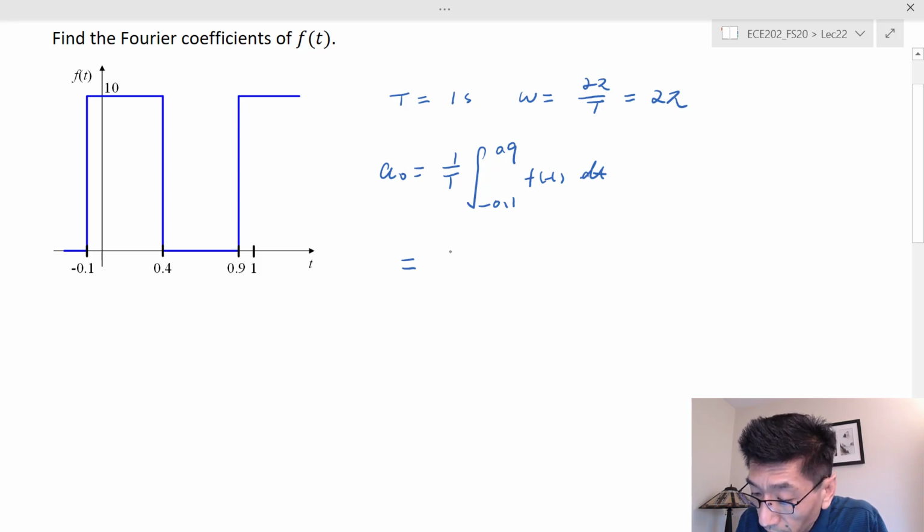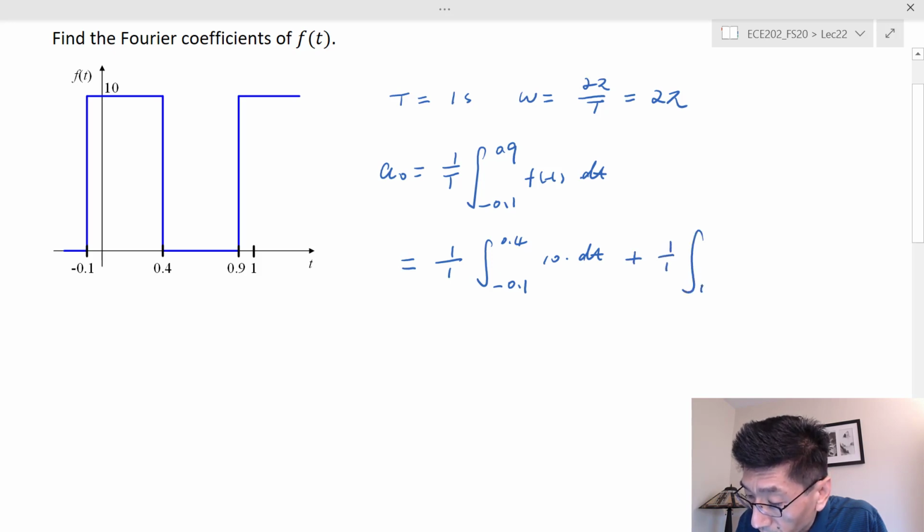In one interval, T is equal to 1, and we go from negative 0.1 to 0.4, and during that interval we have 10 dt, plus 1 over 1 from 0.4 to 0.9, where we have 0 dt. So this term is going to be 0 for sure.